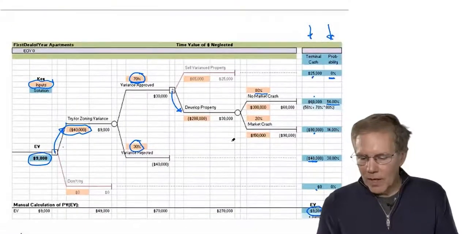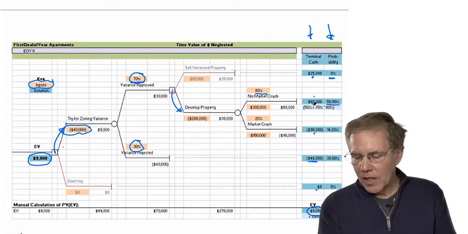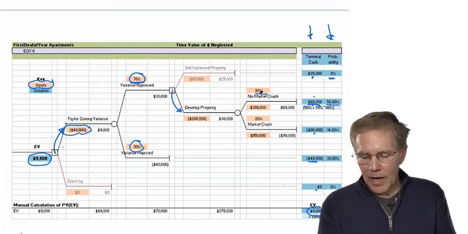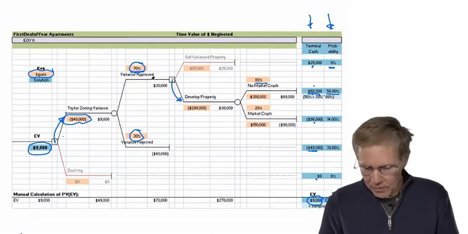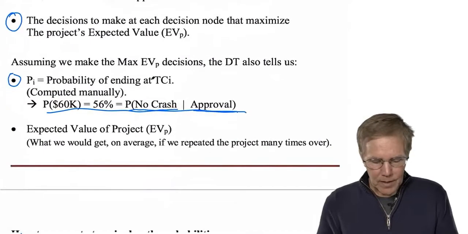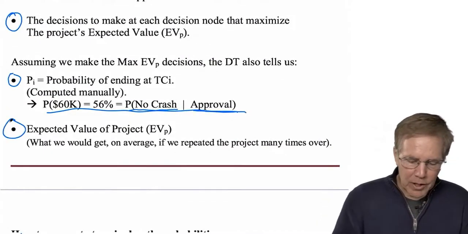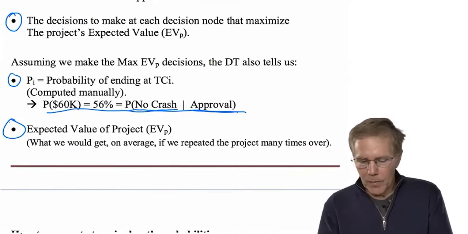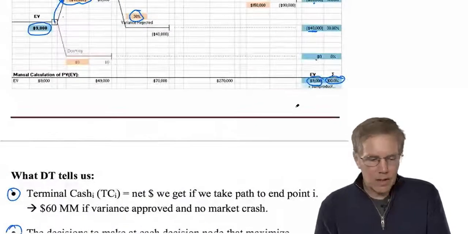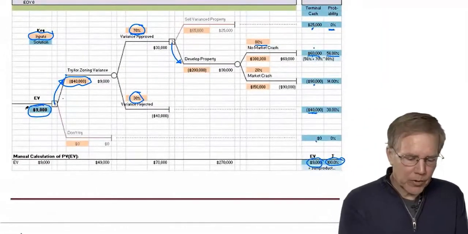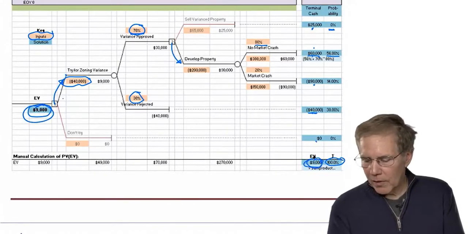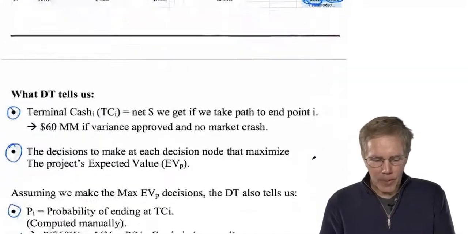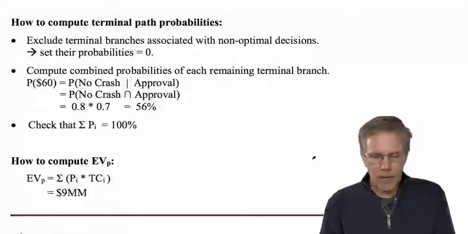And we got 56%. That's the terminal node where we get a net of 60,000. And how do we get that 56% probability of winding up there? Our 80% times our 70%. Okay. And it gives us, of course, the expected value of the project, as I said, which is both computed by the program and checked by us using some product over here.